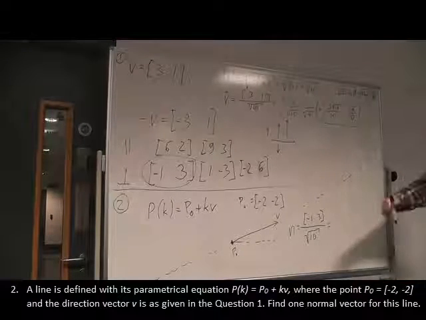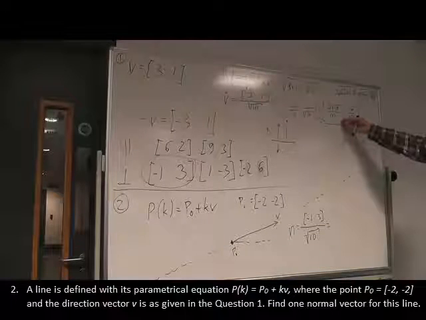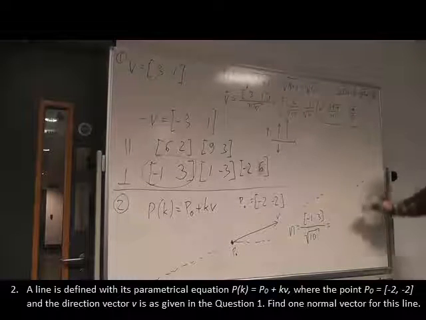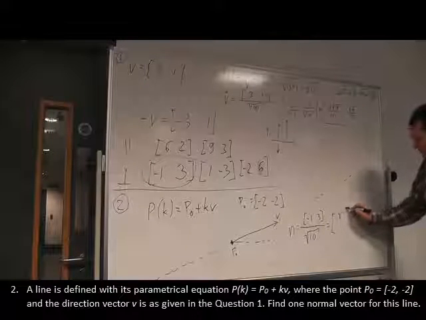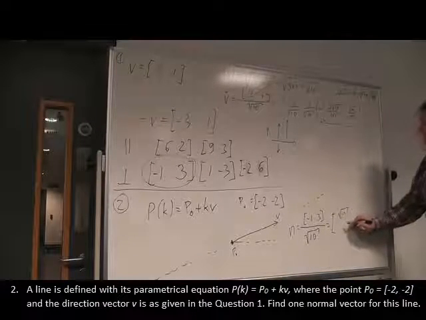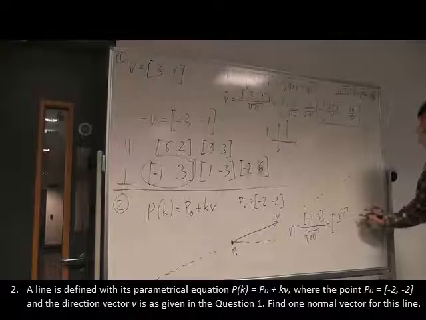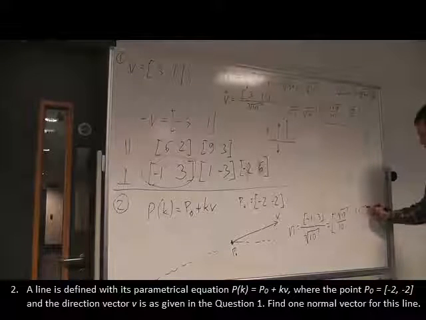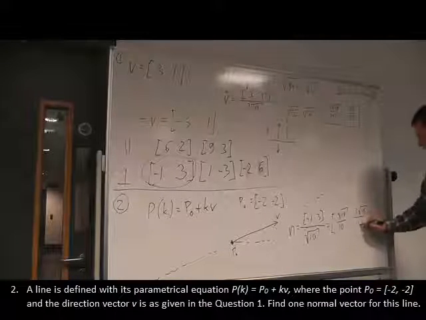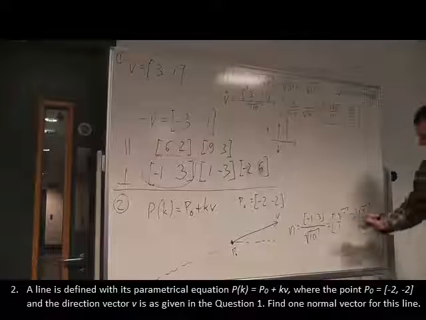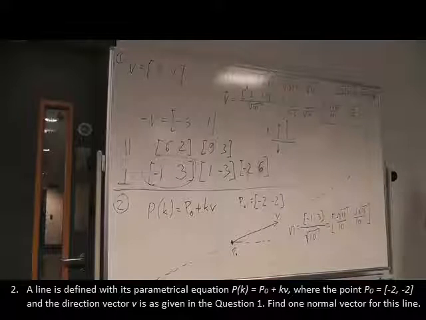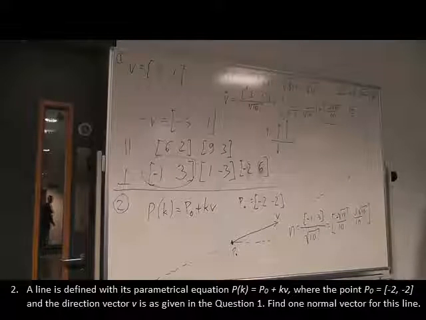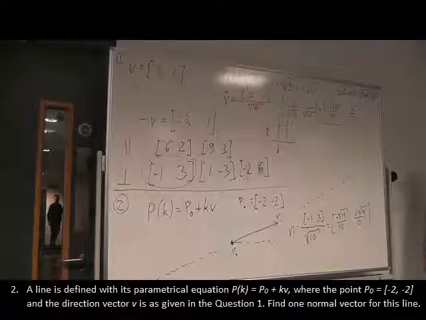Therefore, very quickly, I can tell you that one of these vectors is square root of 10 over 10, 3 square roots of 10 over 10, and I need a minus here. Okay, that's one of the normal vectors to this line.